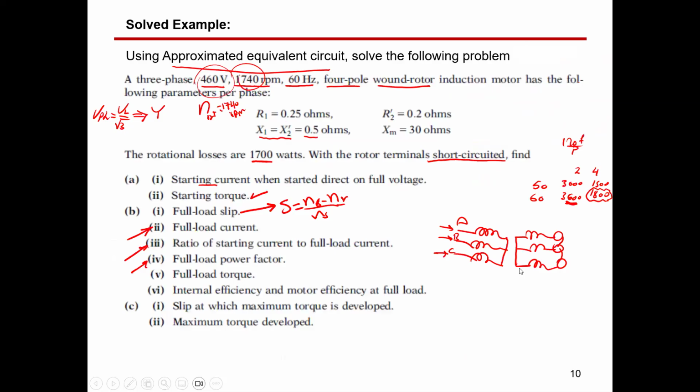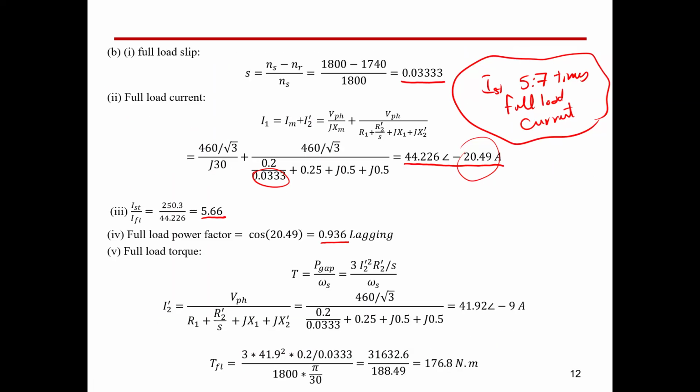The question after is, what is the full load torque? As we did to calculate the torque at starting, we will do the same to calculate torque at full load. So for full load torque, we calculate I2 at the full load, in the same way, guys. It's nothing but the second part of the equation.